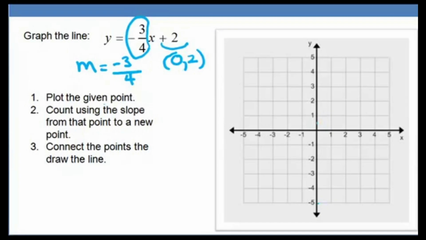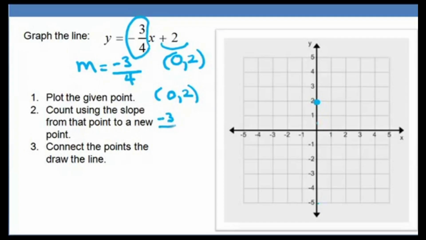So step 1 is to plot the given point, which will be 0, 2. Start at 0, 0, and don't move over, so 0 on the x, but 2 on the y. Make a point. Y-intercept should land on the y-axis by definition. Step 2, we'll count using the slope.